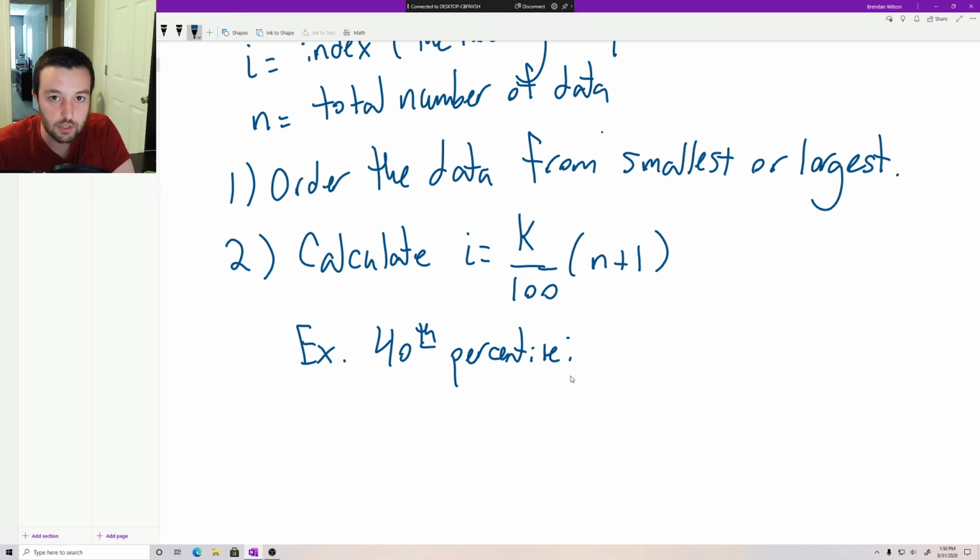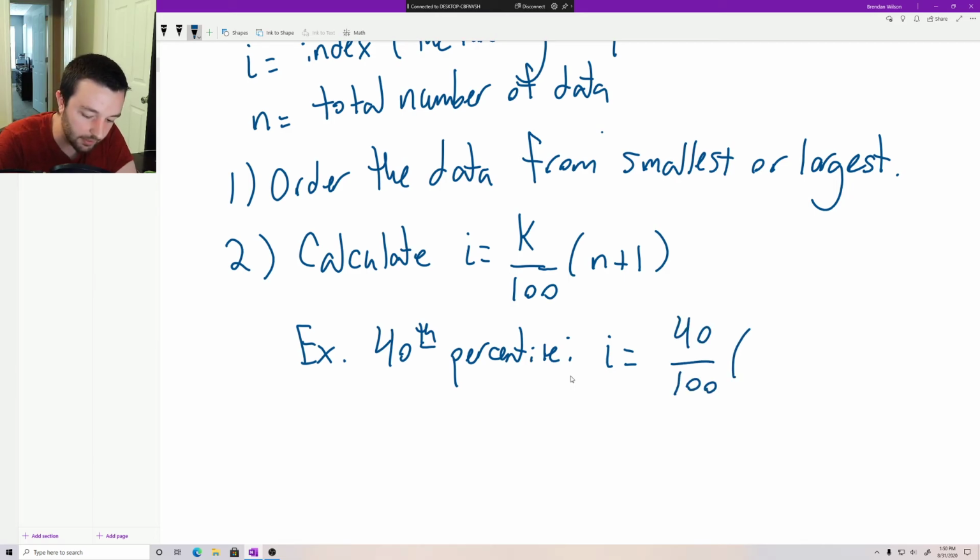And we'll use our test scores example. I'll scroll back up when we need to. I is going to be, well, K is 40, because we're talking about the 40th percentile, divided by 100 times 10 plus 1, because our N was 10.